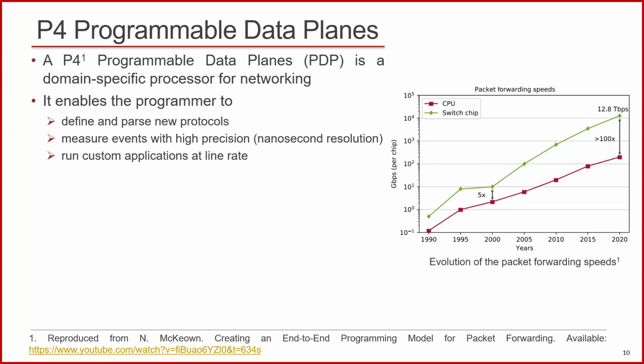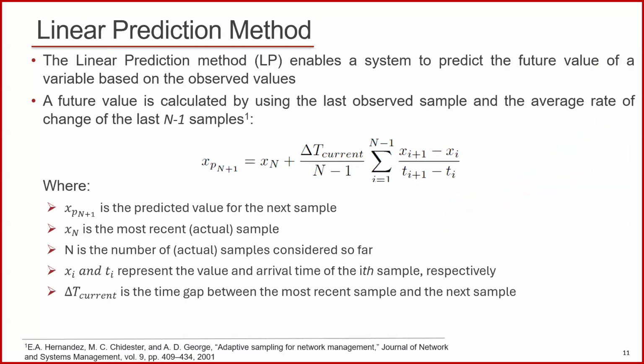Now let's move to the next component, which is the predictive model we used. As we said before, there is no need for manually adjusting the reporting rate. The system will monitor the variation in the traffic, and based on the variation, it will adaptively report the measurements. To implement this, we base our system on the linear prediction method.